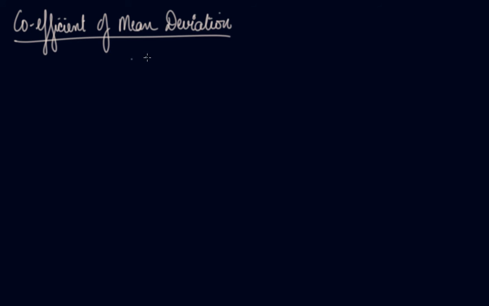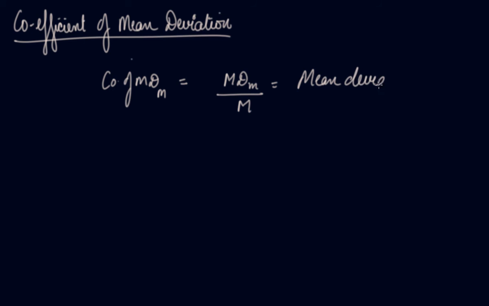So the coefficient of mean deviation when it's taken from median, this m denotes median, is mean deviation from median, whatever answer you will get, divided by median.